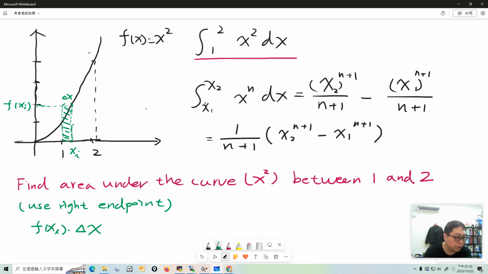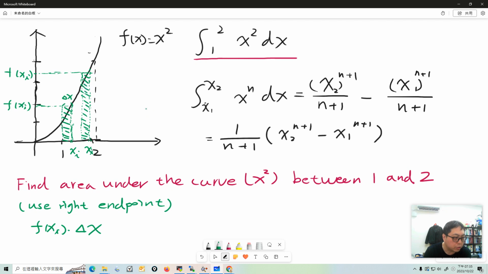And I keep doing this. We can also slice this, keeping the same delta x. Here is another xi, corresponding to another f of xi.